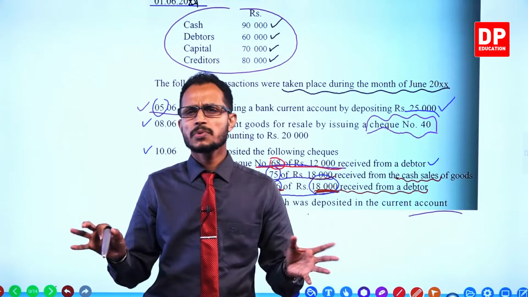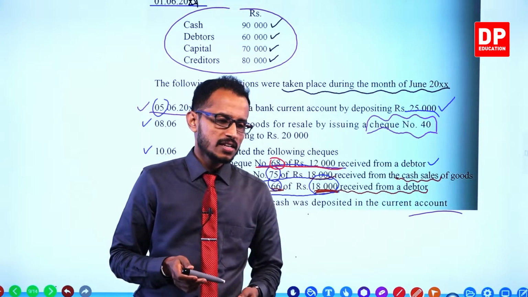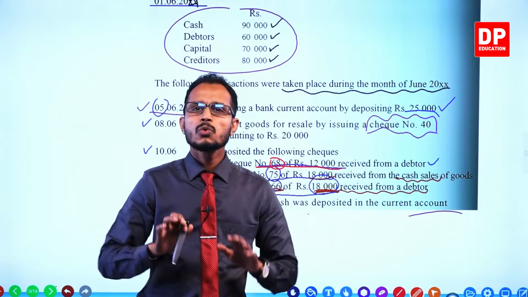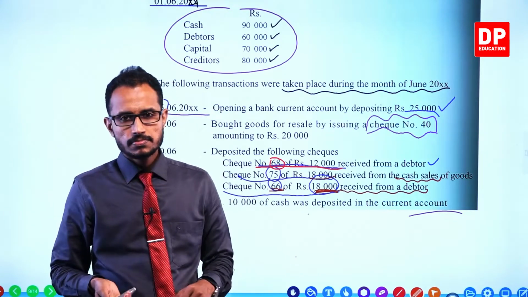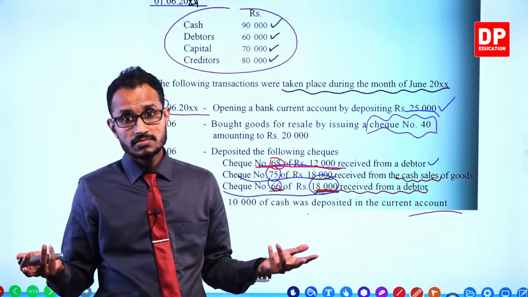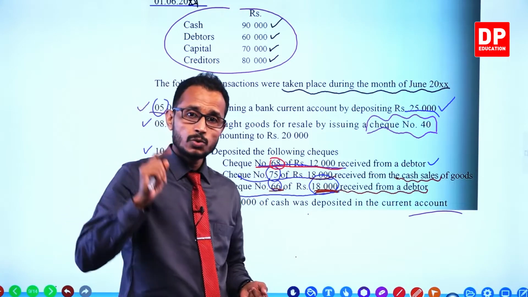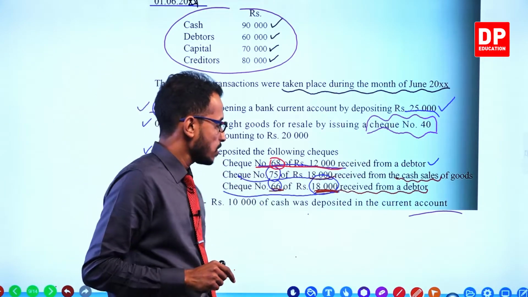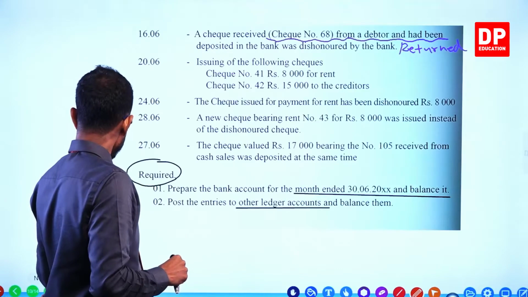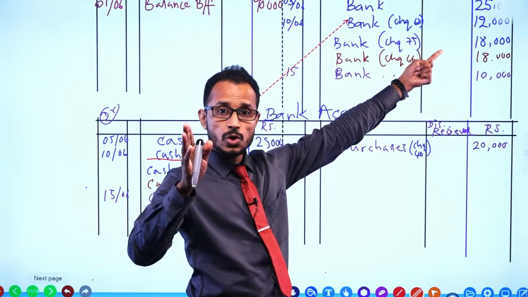Bank says there's a problem, that guy has no money in his account, or there is an issue with the check, so we are rejecting the check. It's dishonored. That's why I said it's a problem. But how do we record it? Check number 68, 12,000. We already marked it in our books. Now it has been dishonored.